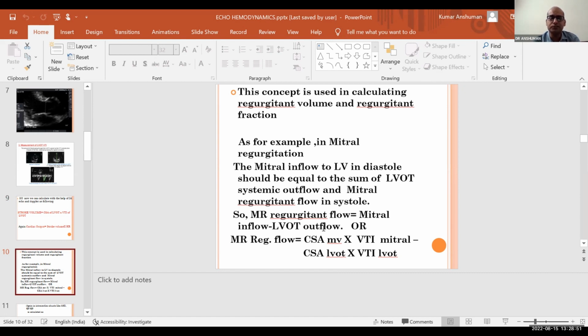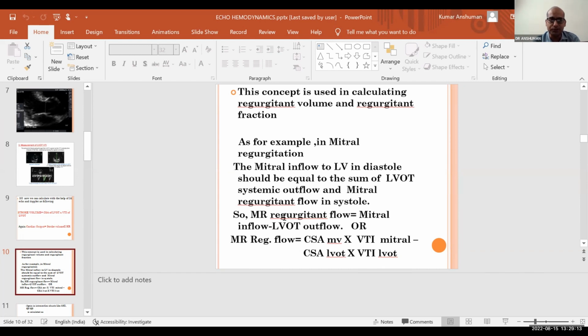To understand this, you have to understand that the blood coming to the LV is equal to the blood going out of the LV, and if some part of the blood goes back to the LA, that MR flow should be equal to the amount of blood that came to the LV in diastole.